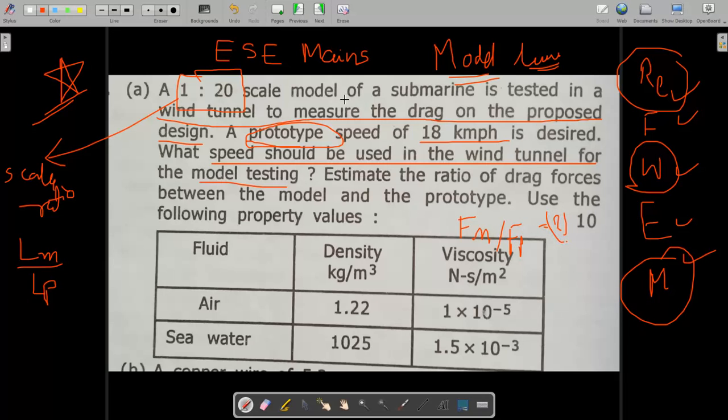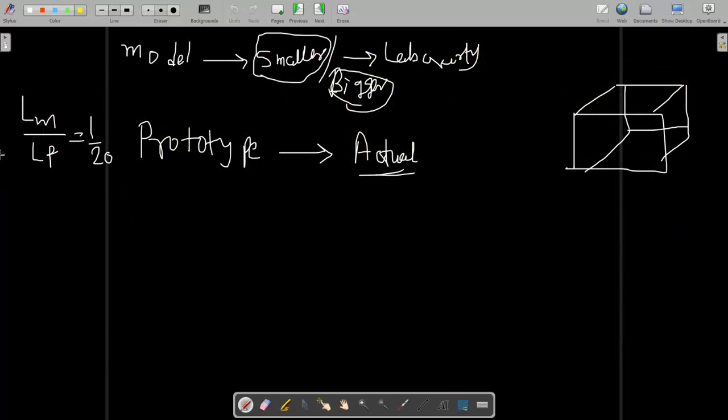First of all, as per my general observation, the velocity is given, density is given, and viscosity is also given. So the number that comes to my mind is the Reynolds number: density, velocity, characteristic length L, or D in the case of a pipe, upon viscosity. All three things are in the Reynolds number.